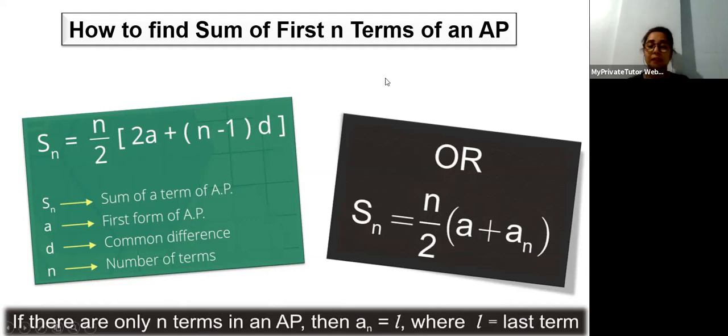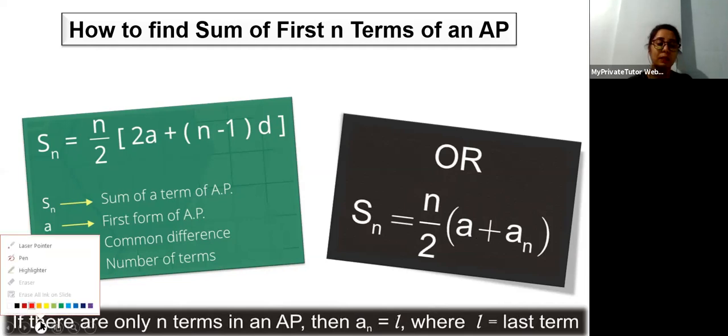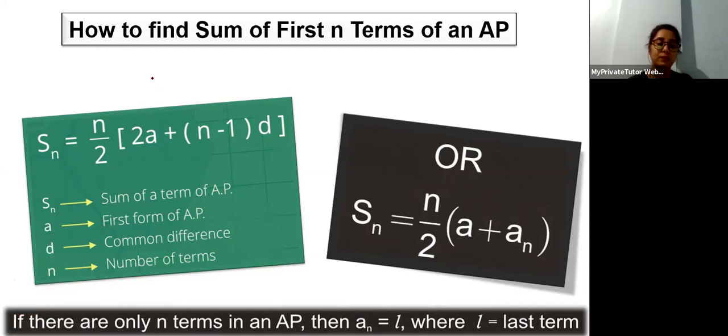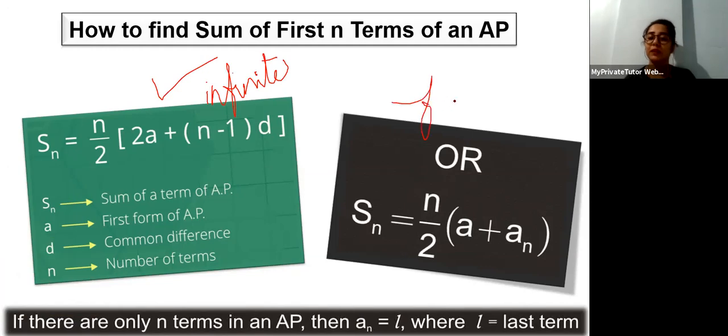This formula is for all the terms, especially for the infinite ones. This you will be using for infinite terms and this you will be using for the finite ones, and that is the difference.